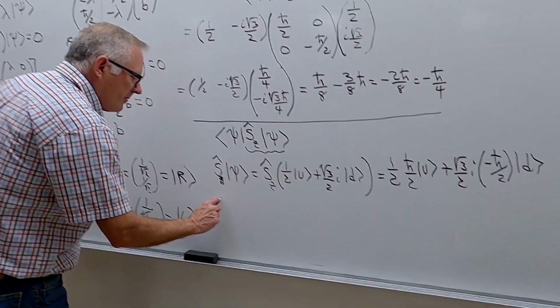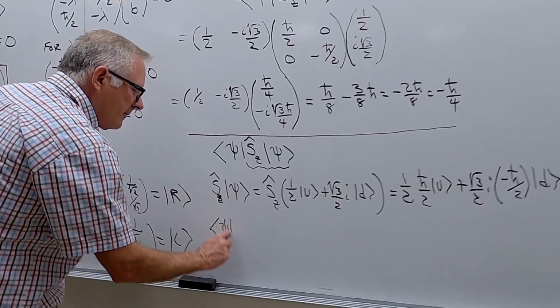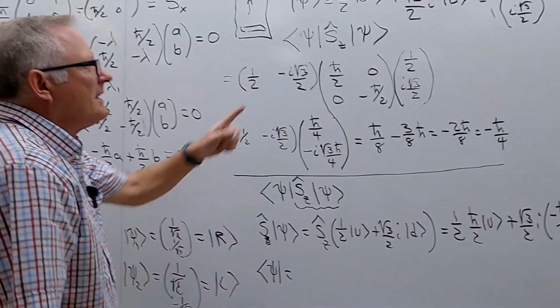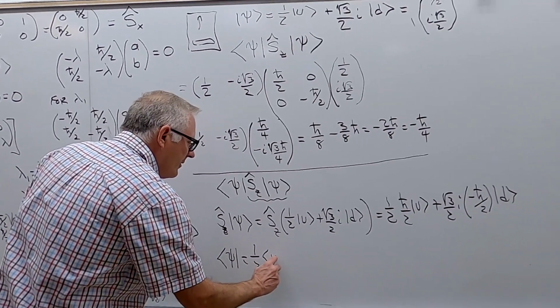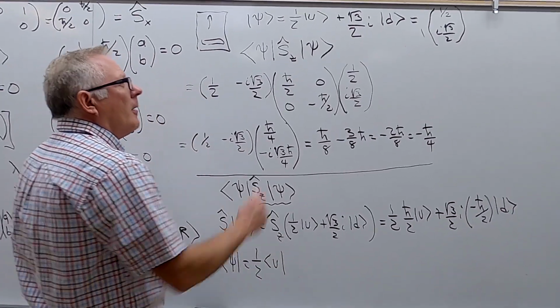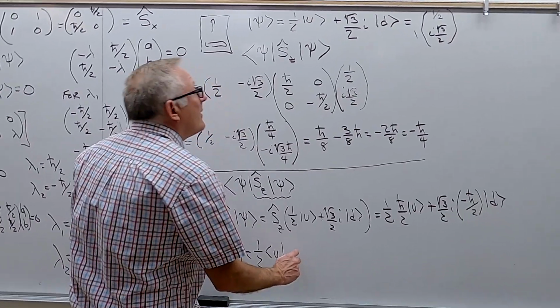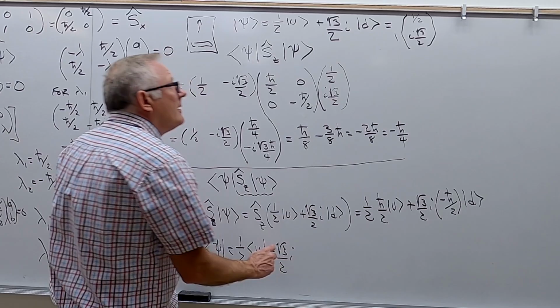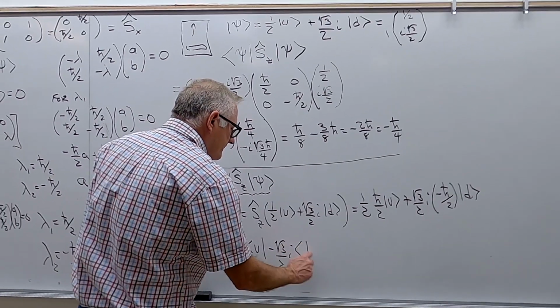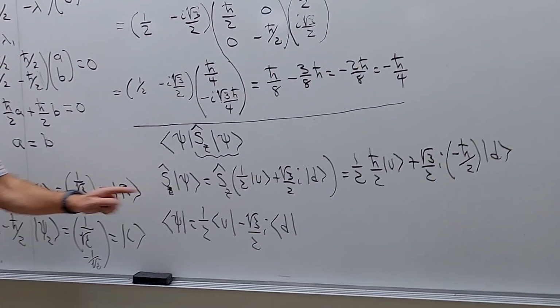So just this right there, all by itself, would be 1/2 bra U minus the square root of 3 over 2 i bra D.